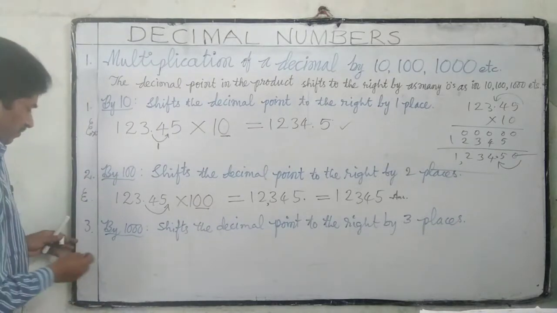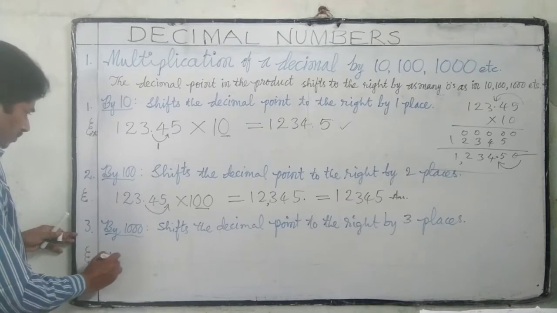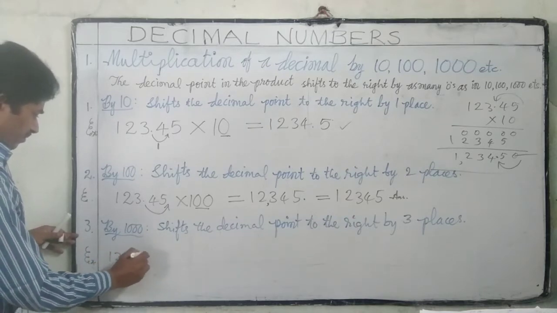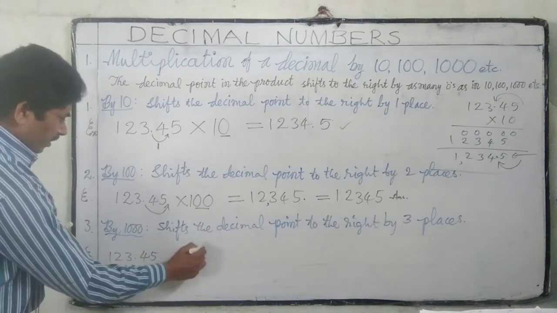Let us observe one example. 123.45 into 1000.